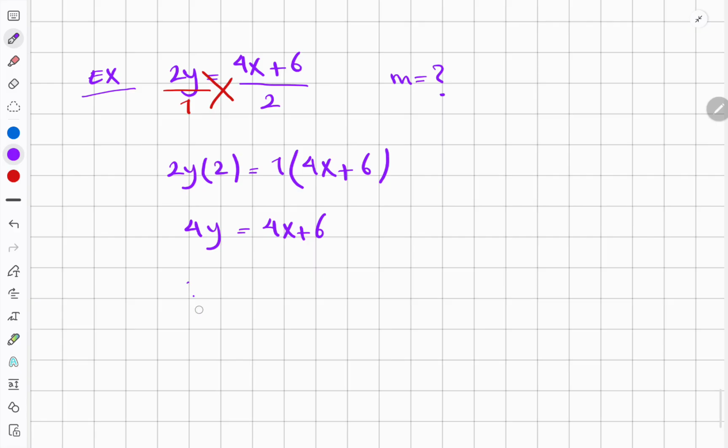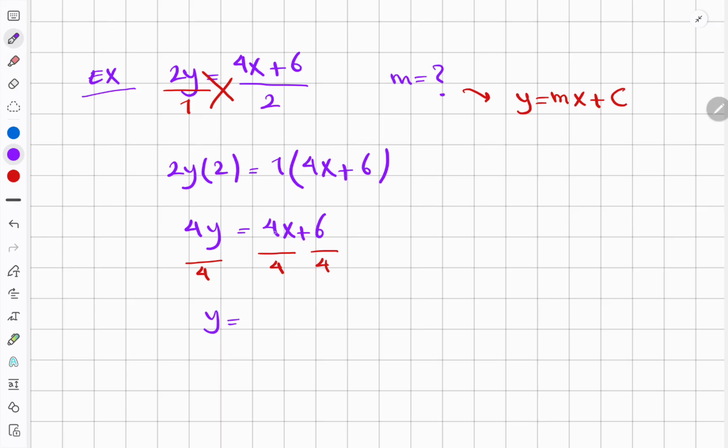and we find the gradient, so we should write it in y equals mx plus c, gradient and y-intercept point. So we need to isolate y. So we just need to divide all sides of the equation by 4 to maintain the balance of the equation.